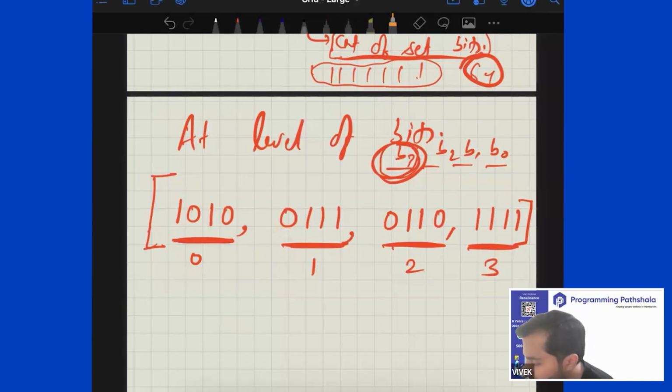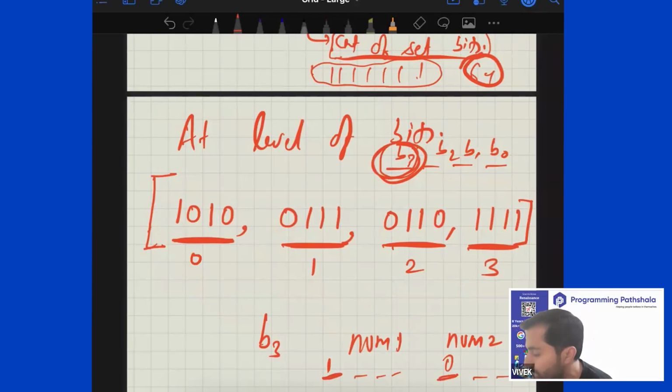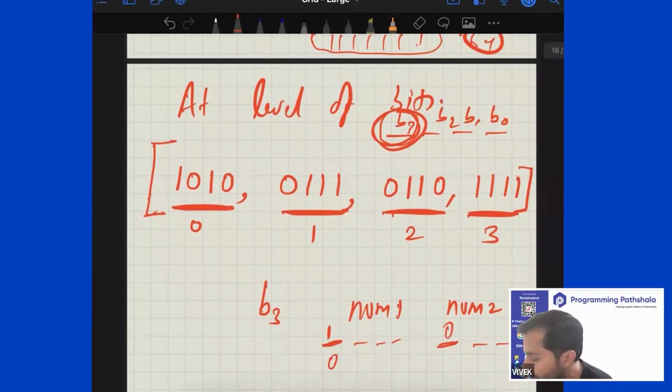But if you take the Hamming distance of this and this, you will see that these bits are the same. So I can say that this particular bit position, which is bit 3, will only contribute if the two numbers have different values at their third bit. So at the third bit, if there is 1 here, there should be 0 there, and similarly, if there is 0 here, there should be 1 there. How many of you understand this point?